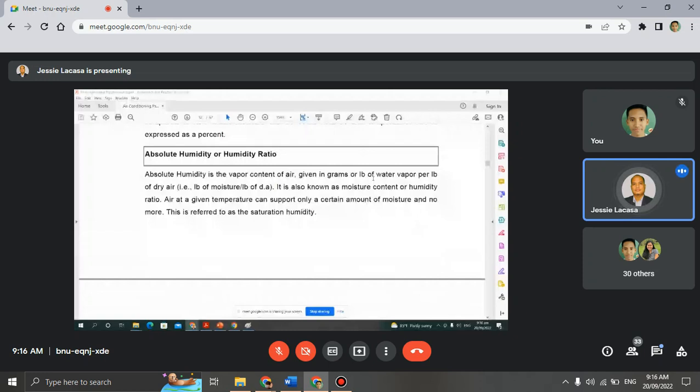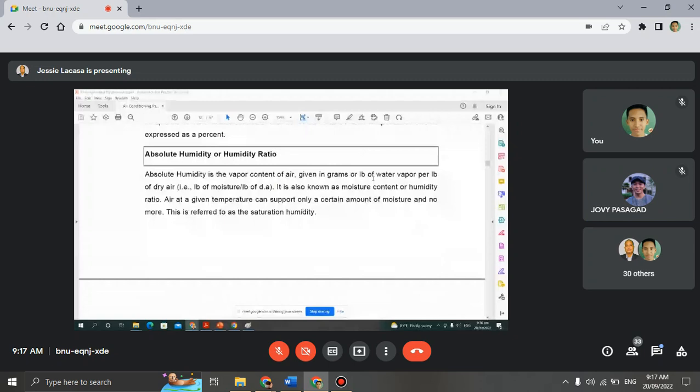Mr. Castillon, Mr. Pasagad. Good morning, sir. What I understand, sir, is that relative humidity, or RH, is expressed in percentage, which is the amount of water vapor held in the air. The humidity ratio is the ratio of the amount of water vapor per dry air.